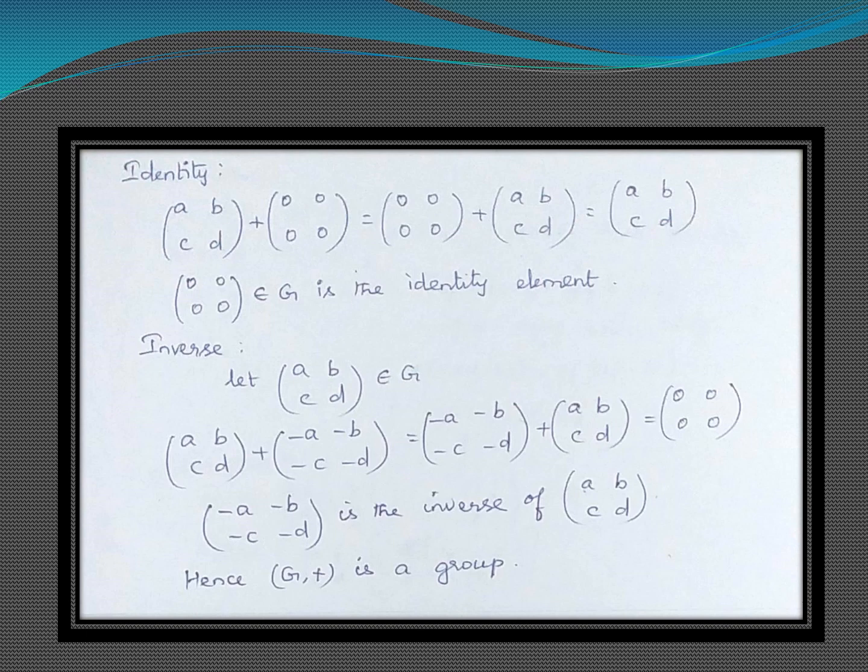Therefore, the matrix minus A, minus B, minus C, minus D becomes the inverse for the given matrix A, B, C, D. Then this G satisfies all the four conditions. Therefore, the set of all 2 by 2 matrices under usual matrix addition becomes a group.